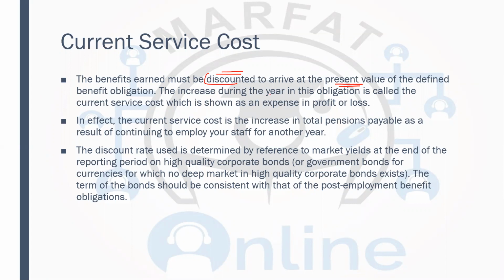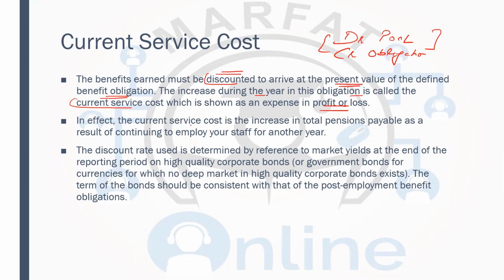So the increase during the year in this obligation is called the current service cost, which is shown as an expense in the profit or loss. That means the double entry is going to be debit profit or loss and credit obligation, because with the current service cost, the obligation will be increased, just like we do the unwinding.